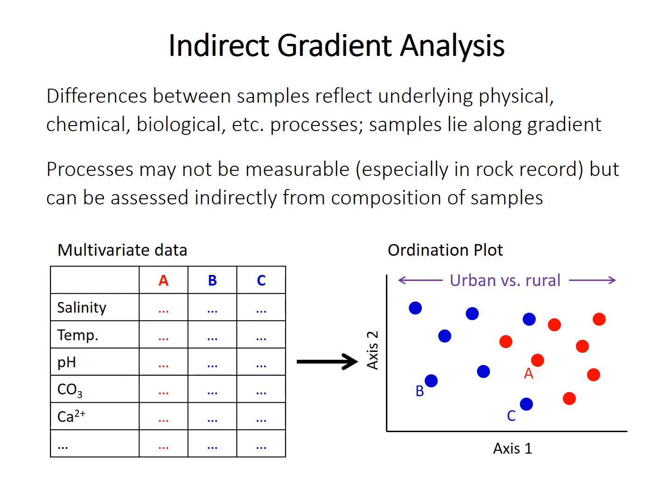But we could try to assess that gradient indirectly from the composition of the samples themselves. This is using ordination for something called indirect gradient analysis. For example, if we measure the chemistry in a bunch of different lakes, we may be able to determine that an urban versus rural gradient is the most important control on their chemistry and so forth.